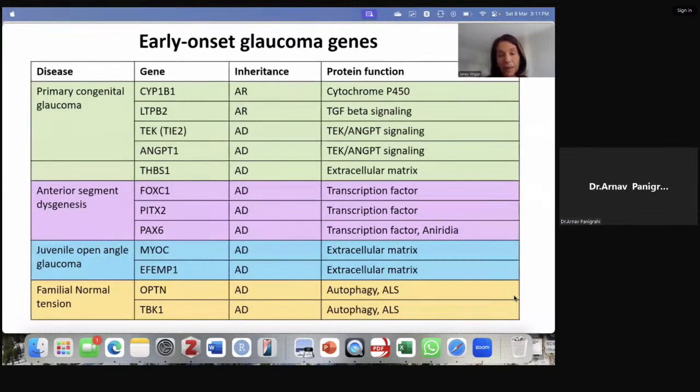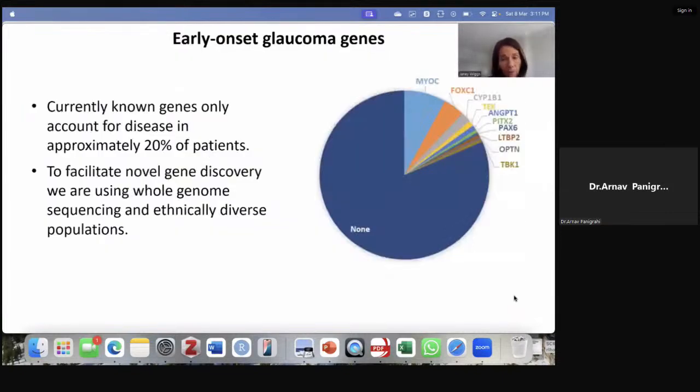So this kind of genetic testing can be done for all of the genes that we currently know cause early onset glaucoma. The problem that we run into is that because we have just a small number of genes, only 12, only about 20% of the time do we find mutations in these genes in affected patients.